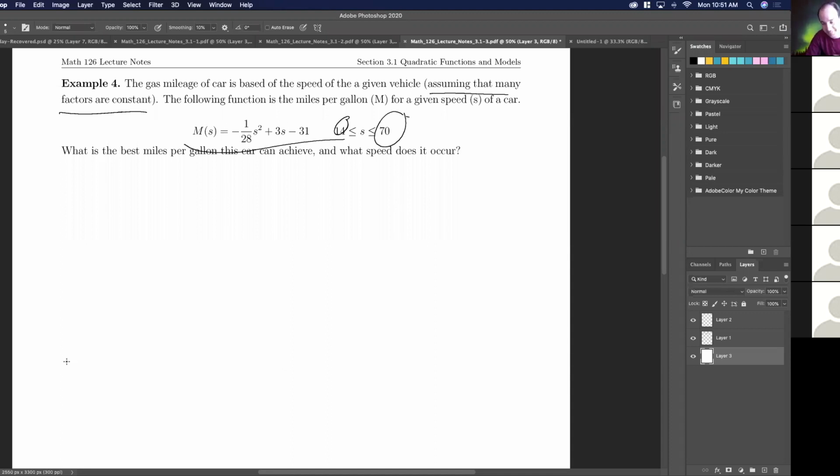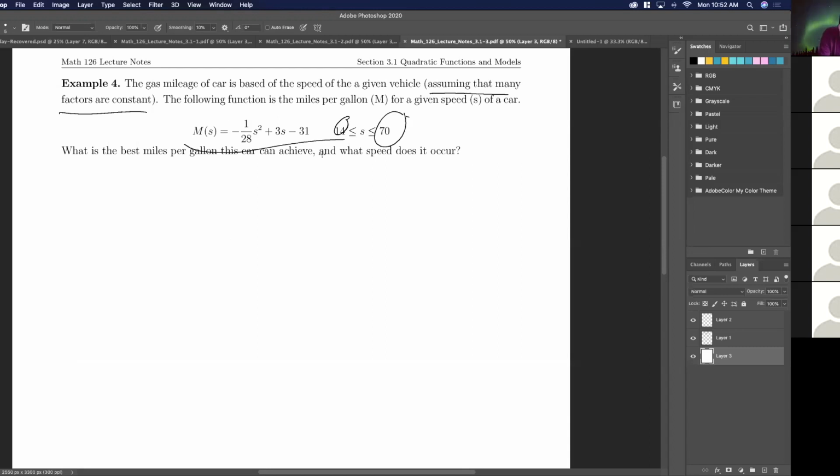Definitely changes. So yes, the weight of the car matters. There's also the friction of the road. If you drive through sand, miles per gallon just goes to garbage compared to asphalt. There's a lot of things, the weight of the car, the heat of the car, but this makes a good assumption.